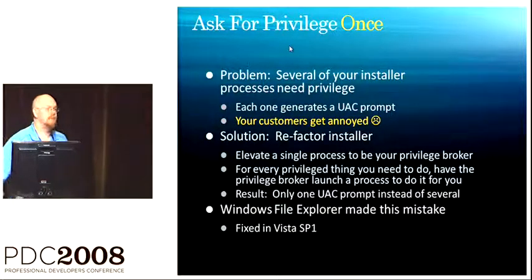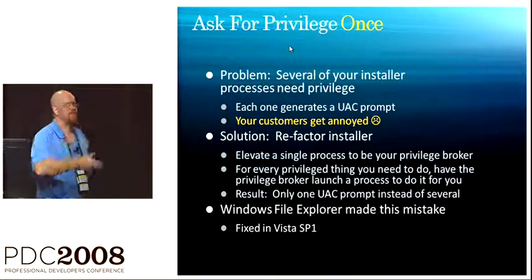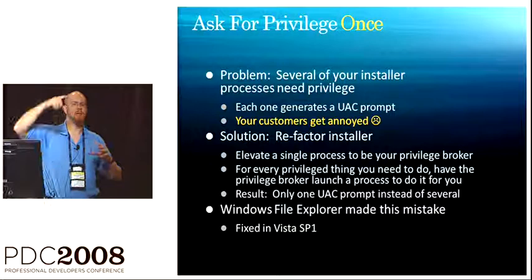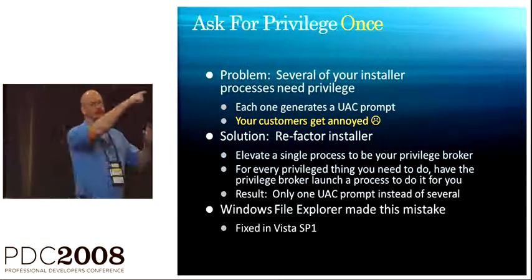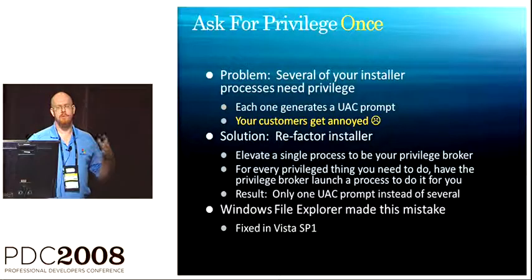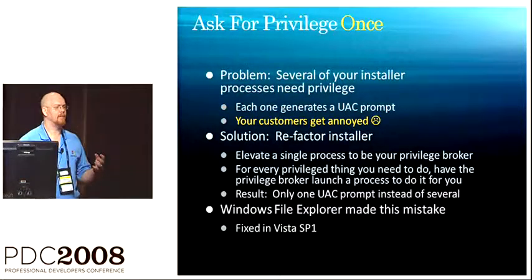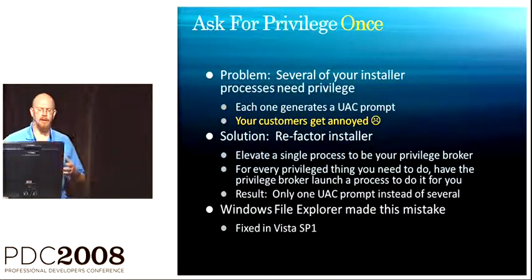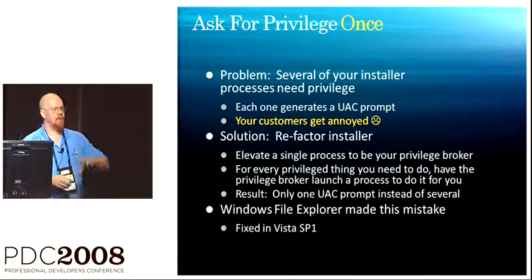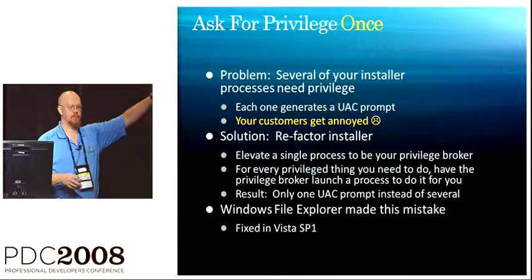Another problem is excessive prompting. This is the pathological case, where if you have a program that bops in and out of privileged land, every time it does, you get a prompt. So you can reduce this multiple prompting effect by refactoring your installer or your application so that you create the privileged process and keep it around.